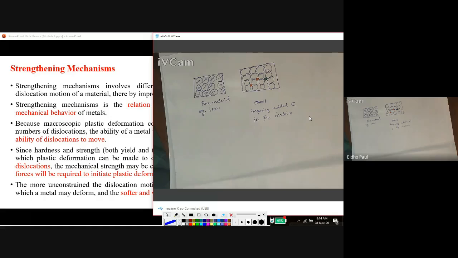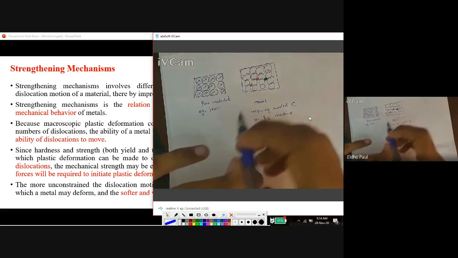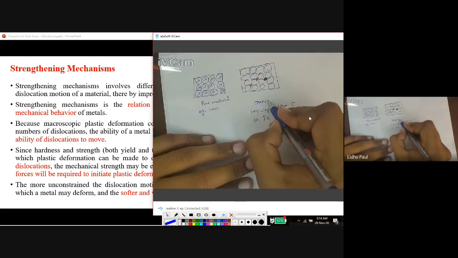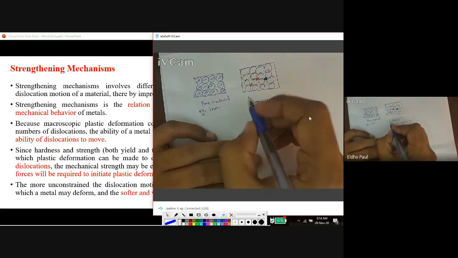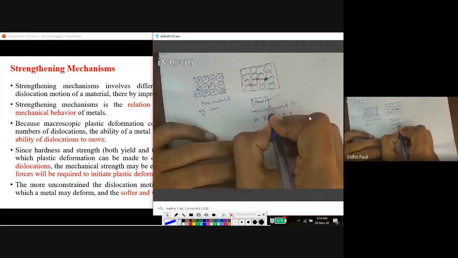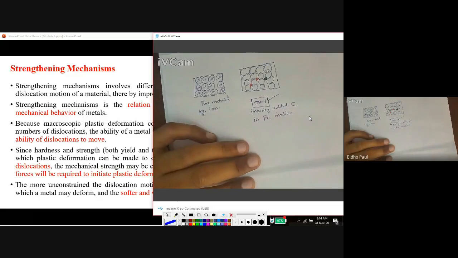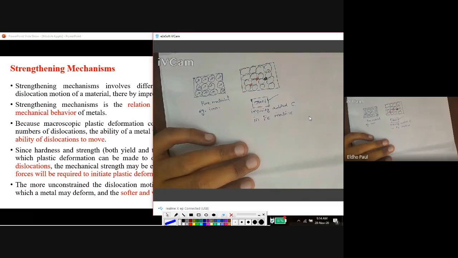When we compare the mechanical properties of iron and steel, of course steel has better mechanical properties than iron. So how is this property improved? How can we improve the properties of steel when we compare with iron? By adding these interstitial carbon impurity atoms into the iron crystal, we can improve the property.